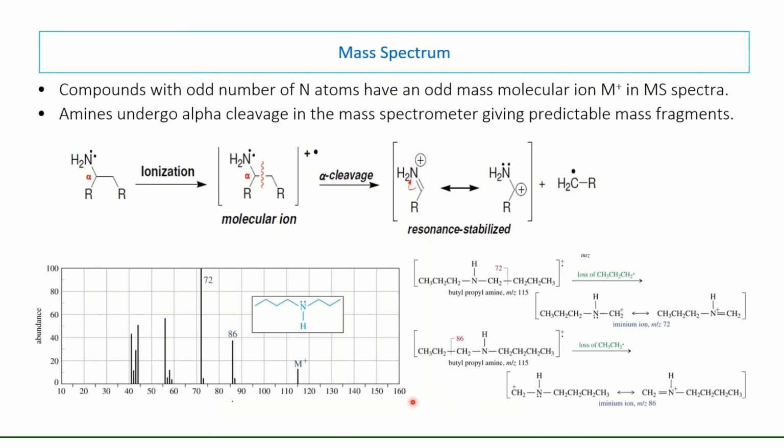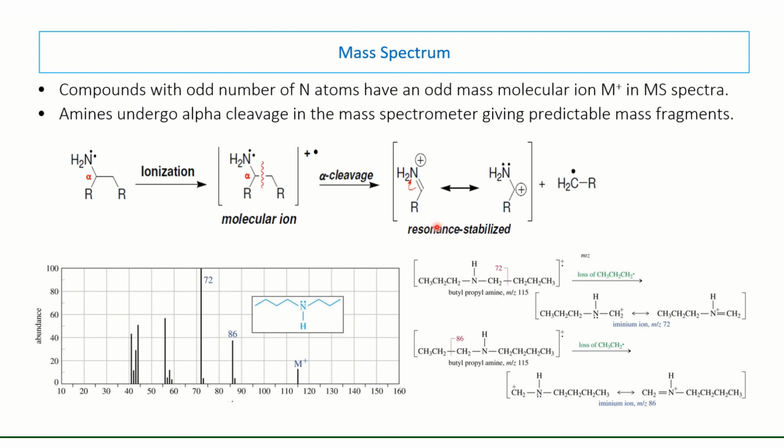As far as mass spec is concerned, of course you can have alpha cleavage, and alpha cleavage realizes this resonance stabilized species, which you can relate to, say for example, some sort of imine type species. I think that's it.